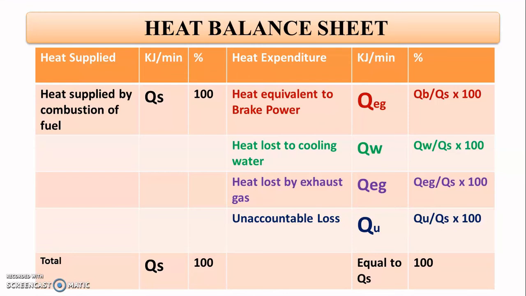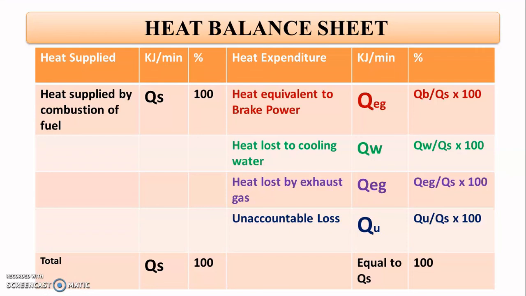For percentage, in that column, the percentage for the heat equivalent to brake power is QB upon QS into 100. The percentage of heat loss to cooling water is QW upon QS into 100. Heat lost by the exhaust gas in terms of percentage is QEG upon QS into 100.